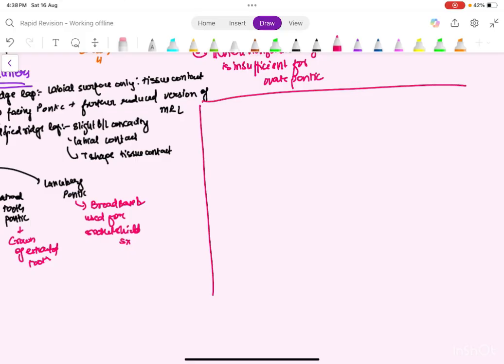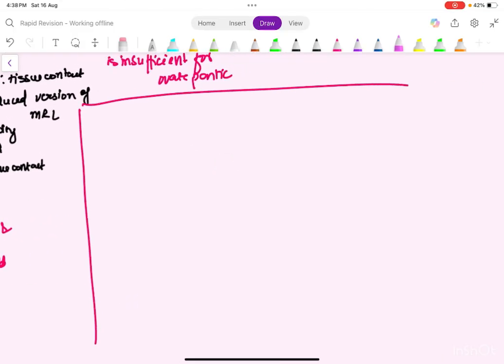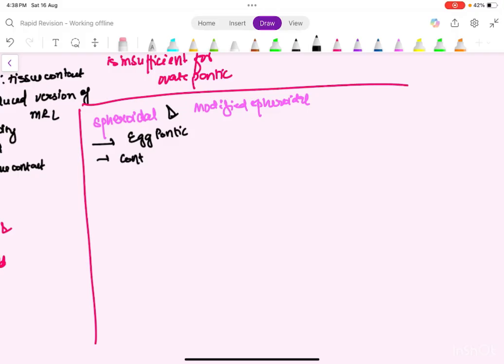Then we have certain others also, like we'll discuss them over here. So I'll write them here. So you have spheroidal and you have modified spheroidal. Okay, so this is also known as egg Pontic. Now they contact tissue only buccolingually or mesiodistally. There is no concave gingival surface as you saw in modified ridge lap.